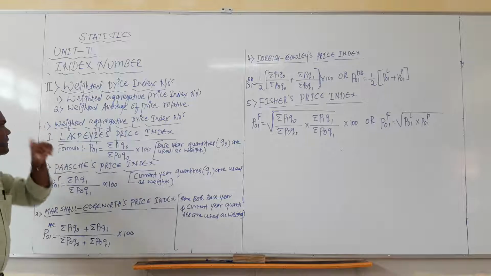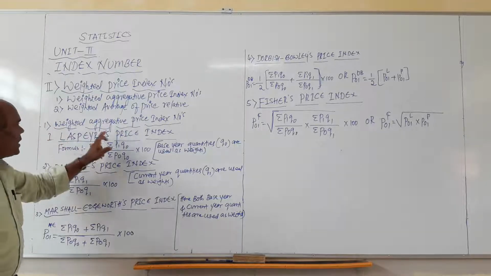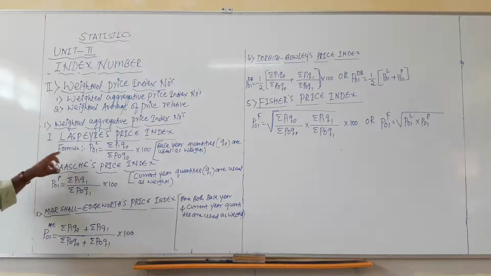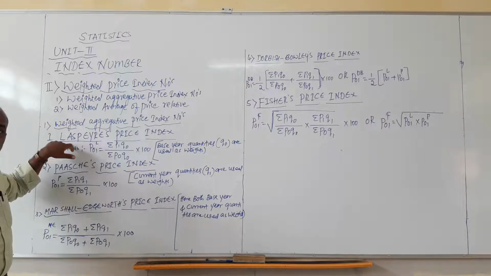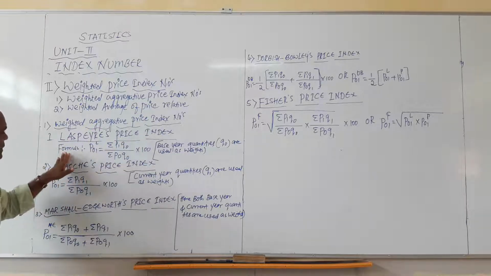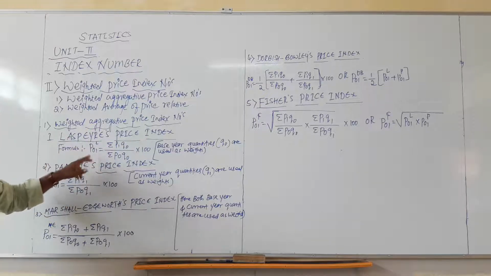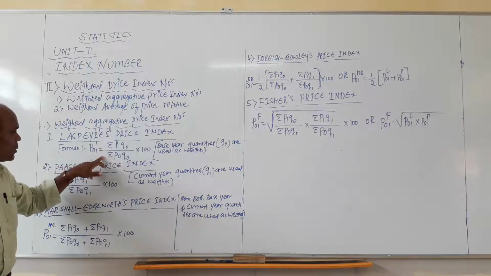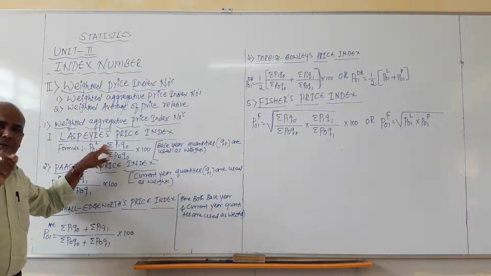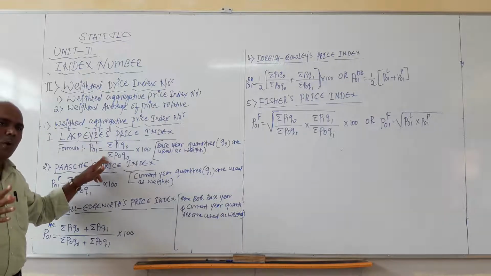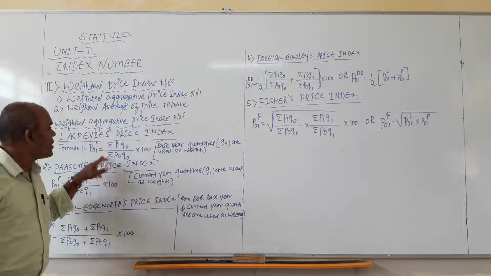Based on the first method, weighted aggregative price index numbers, the first formula is Laspeyres price index. The formula relating to Laspeyres is P of 0 1 raised to L equals summation of P1 Q0 divided by summation of P0 Q0 into 100.